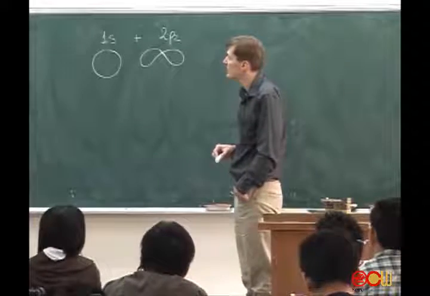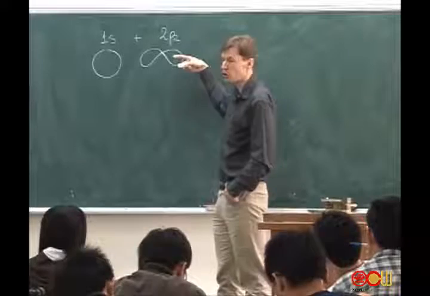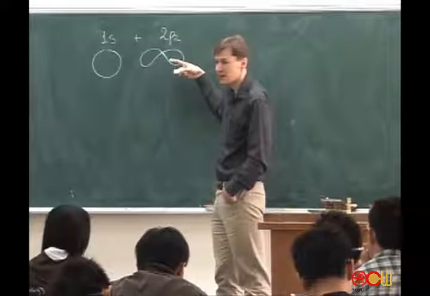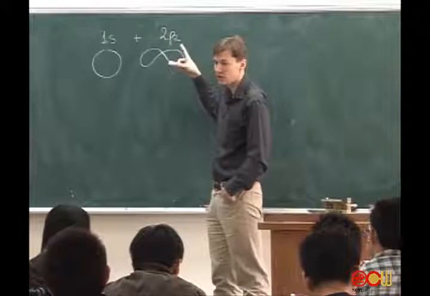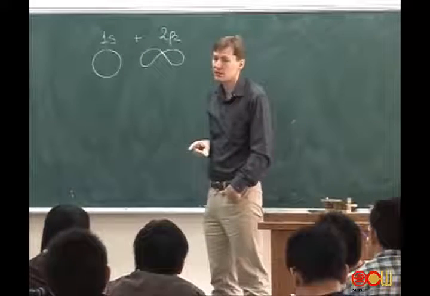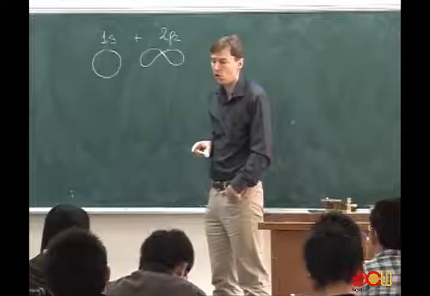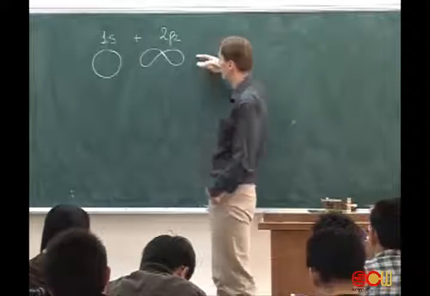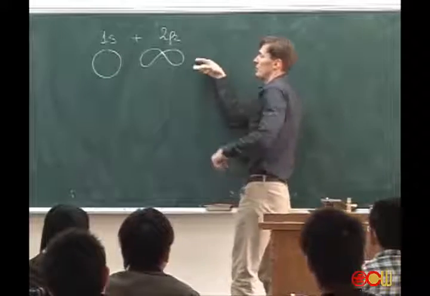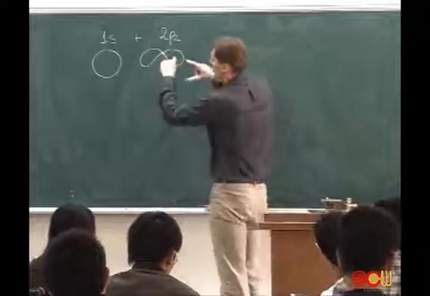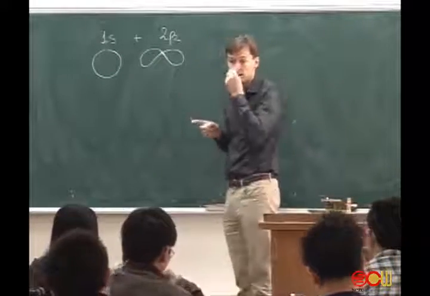So now the answer is, if both of the orbitals from this direction look the same, the reaction is possible. If you look from this direction and both orbitals look different, the reaction is not possible. So if you look at this direction, at this one, you of course see a sphere. If you look from this direction at this one, you of course see a sphere. So it's okay. You can make a bond.